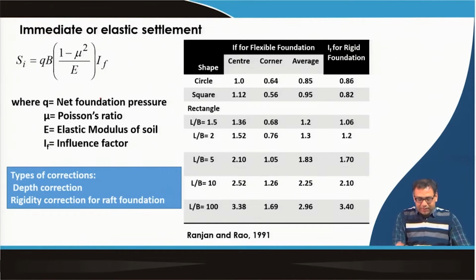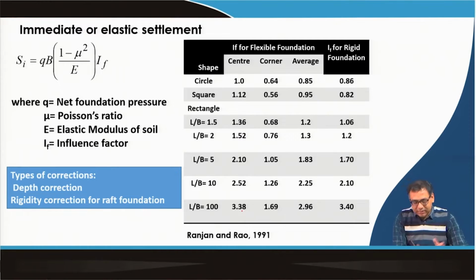The influence factor table is given. Here I am considering that it is a raft foundation, so it is a rigid foundation. So, directly I can take the IF for the rigid foundation, but as I will later on apply the rigidity correction for consolidation settlement, I have decided I will take the center IF for flexible foundation, then I will apply the rigidity correction of 0.8. Okay.